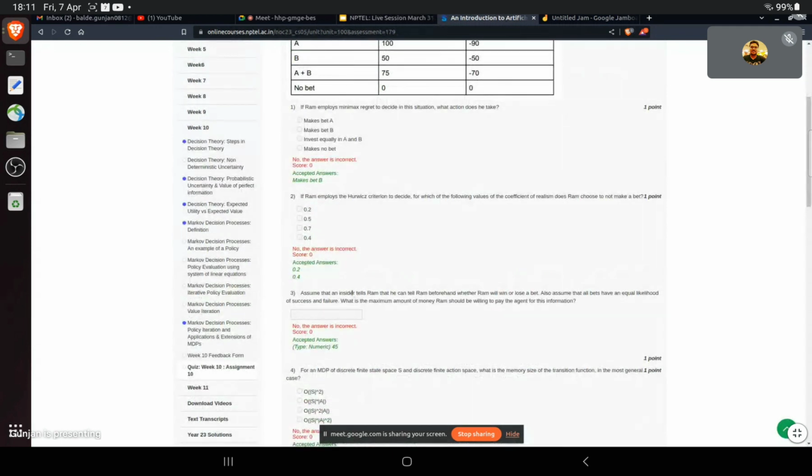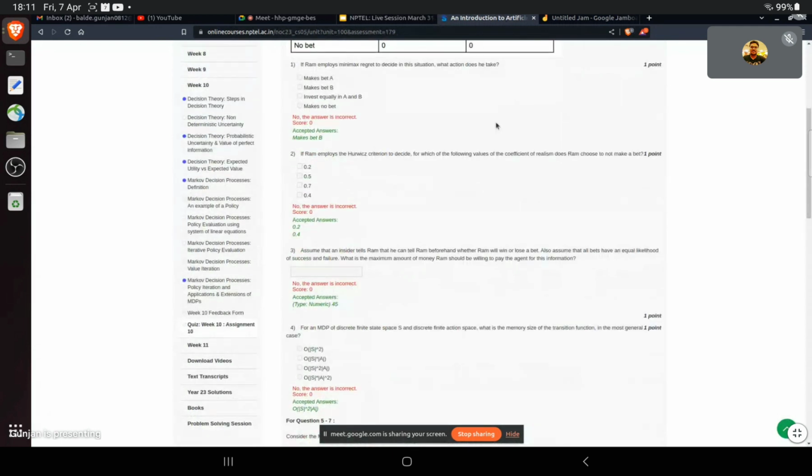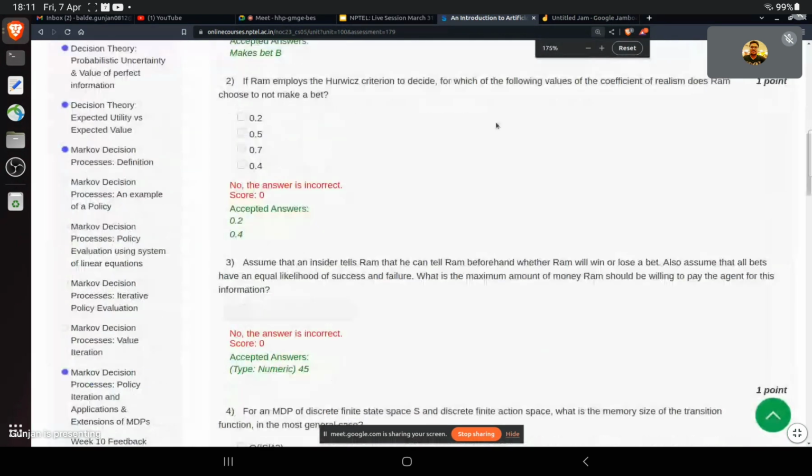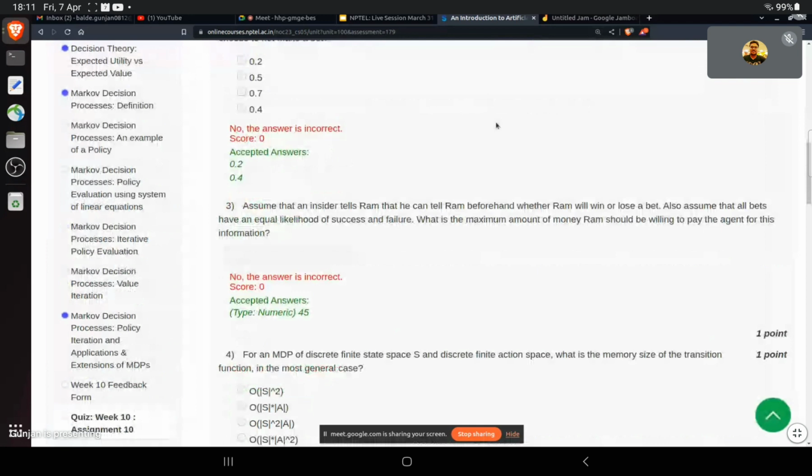And so next question is, assume that, let me zoom it a bit. Assume that an insider tells Ram that he can tell beforehand what Ram will win or lose. Also assume that all bets have an equal likelihood of success and failure.